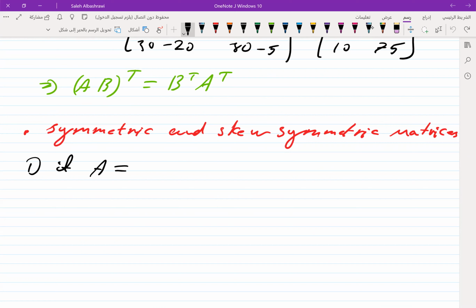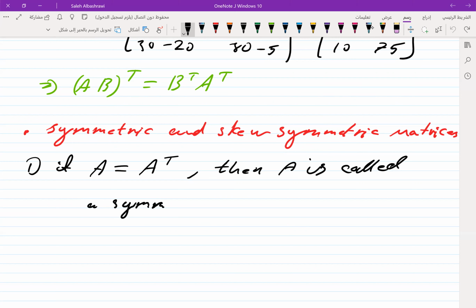If A equal to A transpose, then A is called a symmetric matrix.